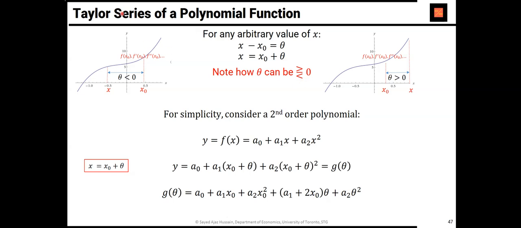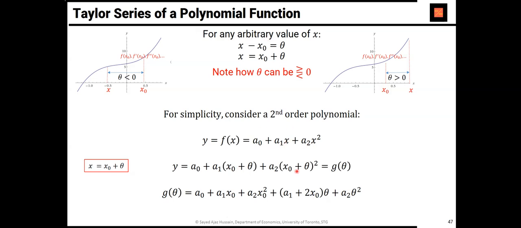To show how the Taylor series works, consider a second-order polynomial. Right? So imagine that we have to guess that this is in fact the true function, and our job is to guess the values of a0, a1, a2, given information about the value of the function, first derivative, second derivative, etc., at x0. We know x is equal to x0 plus theta.